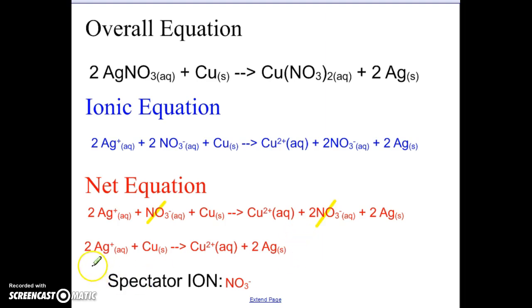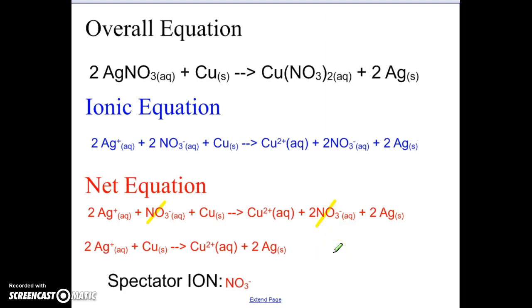If you look at the total charge on the reactant side, we see 2 plus neutral, so that's a total of 2 plus on the reactant side, and if we go to the product side, the total charge is 2 plus as well. You will have conservation of atoms and conservation of charge. If you don't, you've probably forgotten an ion somewhere.